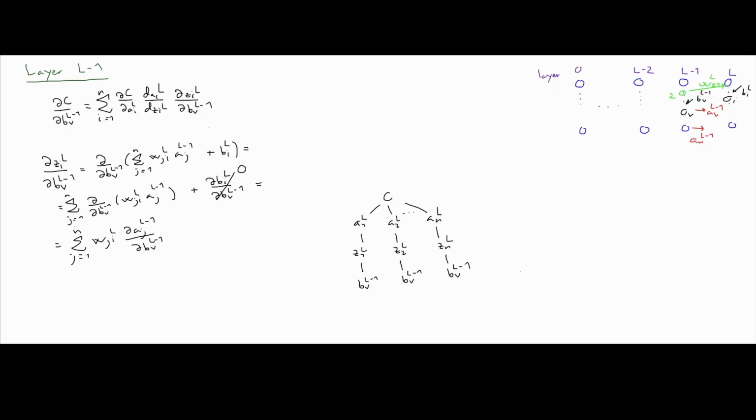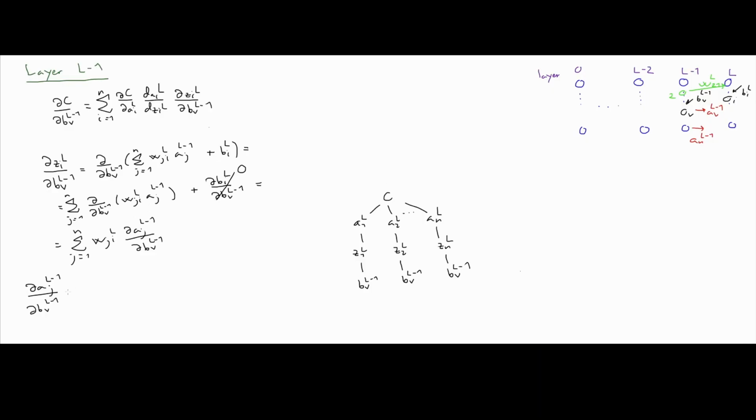Now we can further break down this derivative. And as we stated, the only activation in layer L-1 affected is that of neuron v, because neuron v is the only neuron to which the bias term is incident. For any other neuron, for instance neuron n, the derivative of the activation with respect to the bias term in neuron v would be 0.